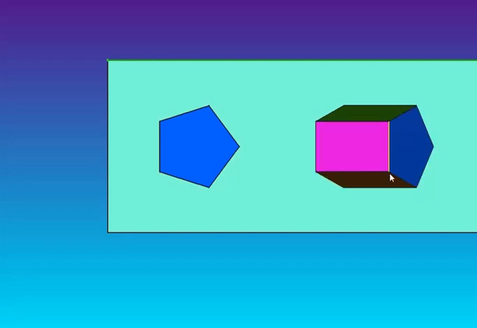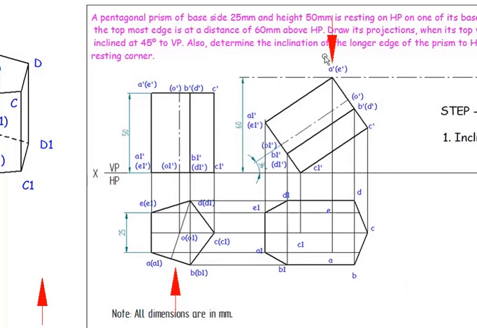This one is joining A to E. This one is E to D, E to E1. Here I'm going to join this in thick lines. So A to B is seen, A to E and to D, then A to A1.